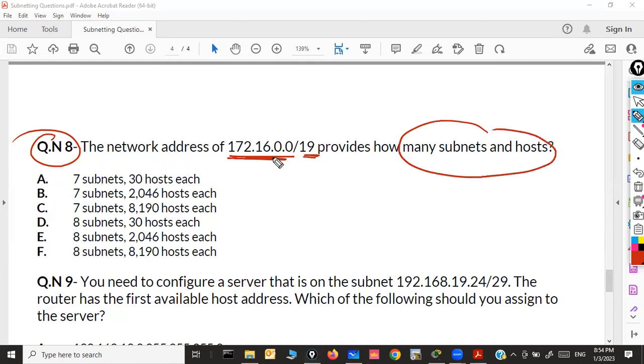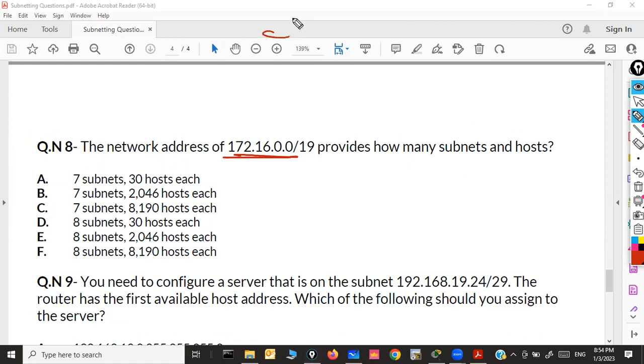So basically it's already a subnetted address, and how can I confidently say that? Remember class B address, right? And how can we say the IP address is from class B? Just look at the first octet.